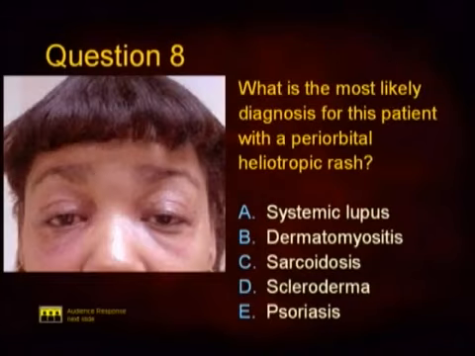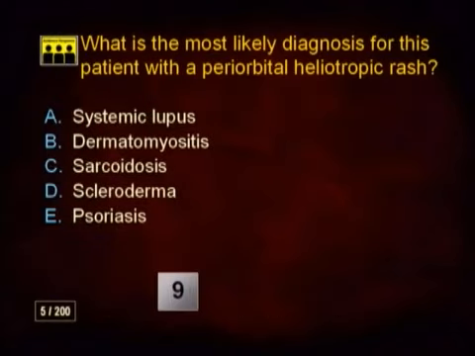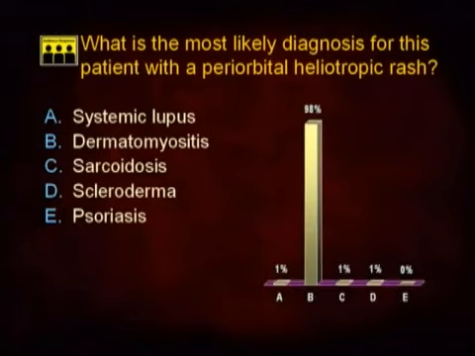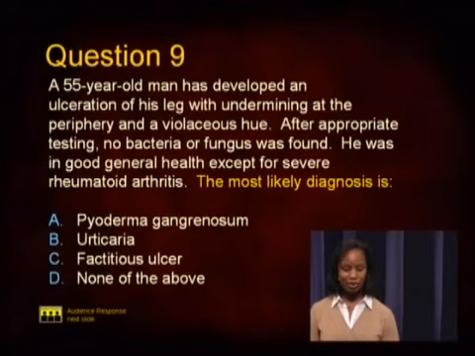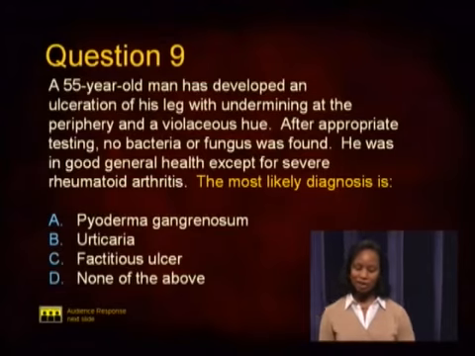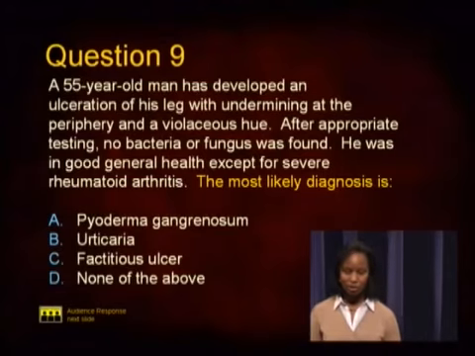What's her most likely diagnosis considering her heliotrope rash? Okay, good. So she has dermatomyositis. And then here's our man with the ulceration on the leg and the negative cultures.